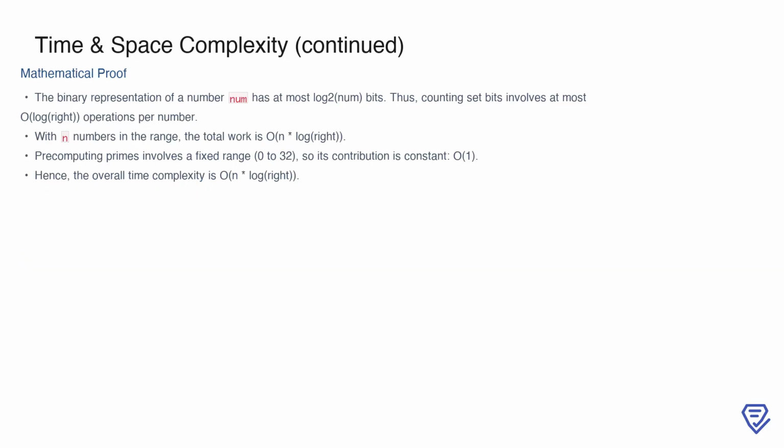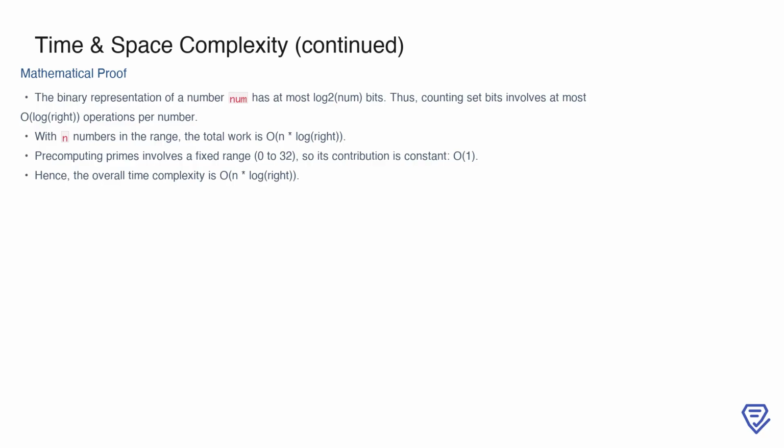To mathematically confirm the time complexity, consider that the binary representation of a number has at most log 2 number bits. Counting the set bits involves iterating through these bits, leading to O(log number) operations for each number. With n numbers in the range, the total work becomes O(n * log right), where right is the largest number in the range.